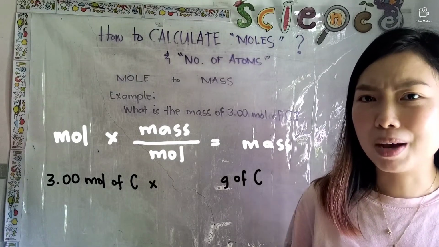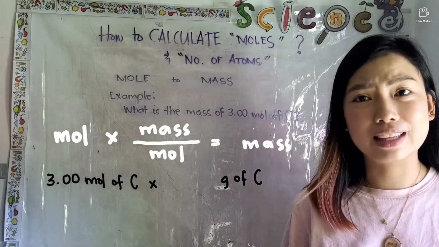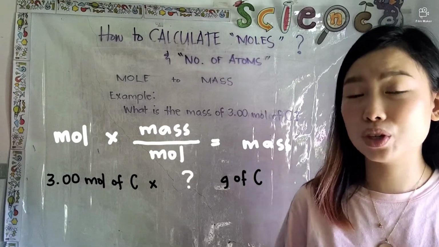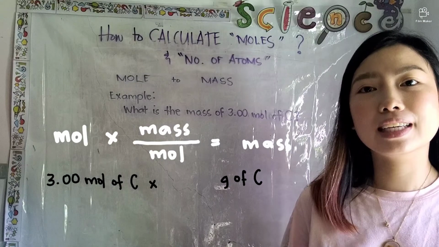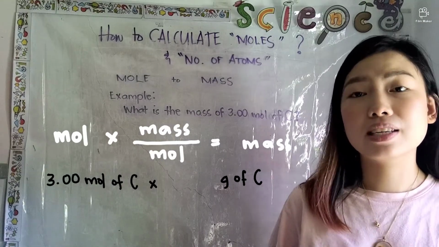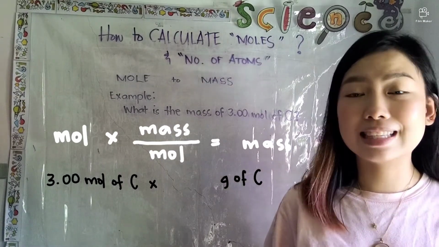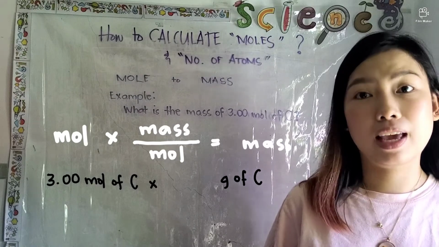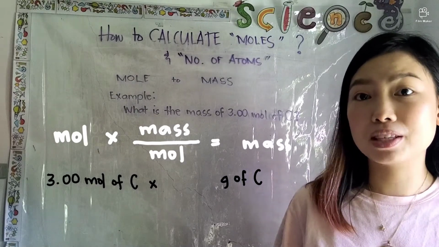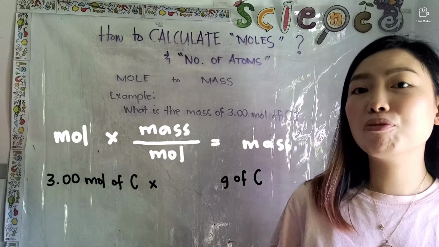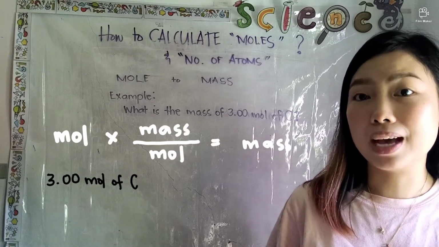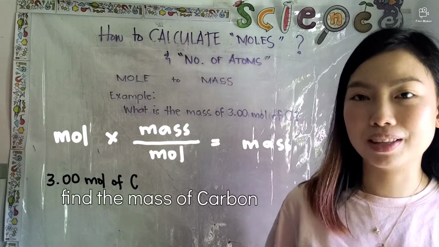Wala tayong given na mass sa question. So, anong ilalagay natin na mass? Nasabi natin kanina, this mass is referring to the mass itself of the given element. Since the given element is carbon, then you have to take a look at the mass of this element, carbon.